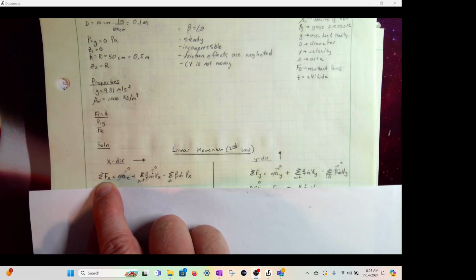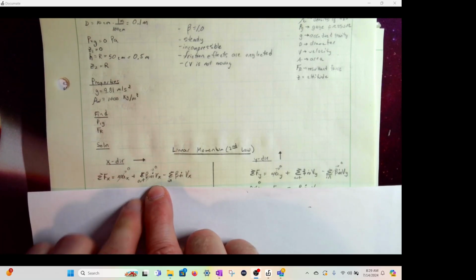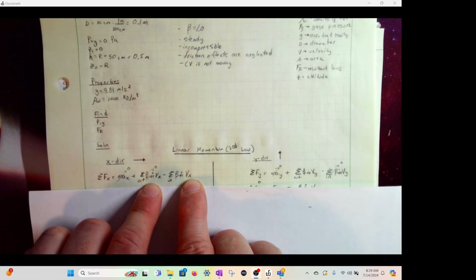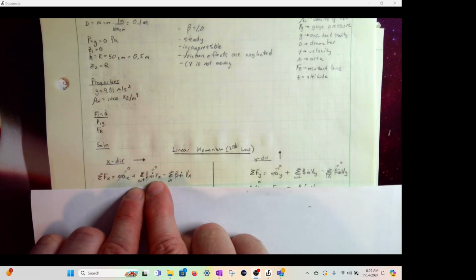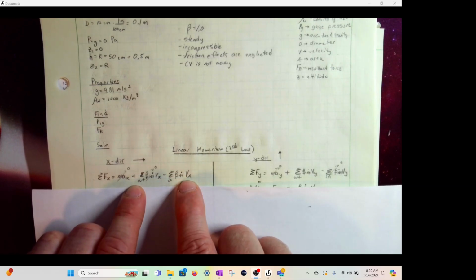This is all the forces that are drawn on the sketch. This is your acceleration term, but the elbow isn't moving, so it's 0. And these are, basically, if you want to think about it, forces due to the fluid. So we need to look at all of the out terms in the x and then the in terms. There might be more than one if it's like a y or something and you have multiple values.